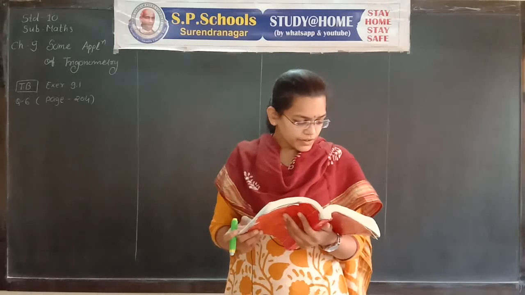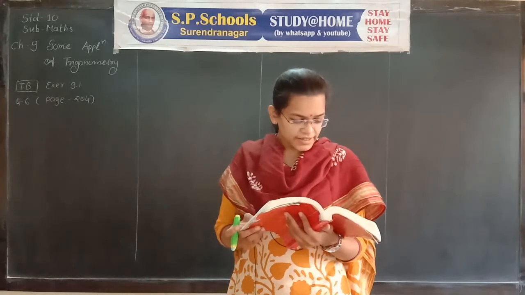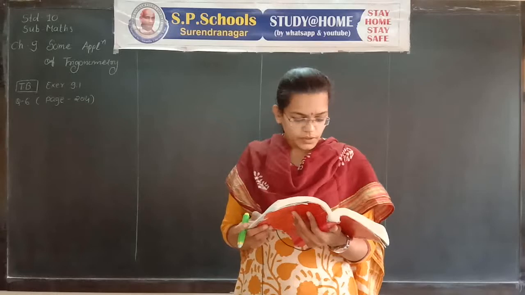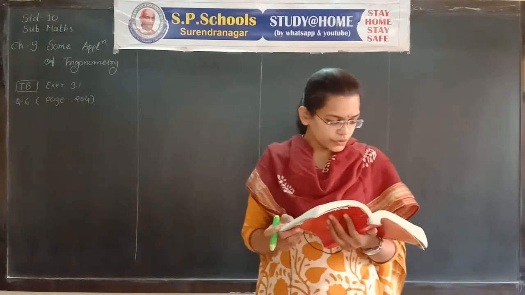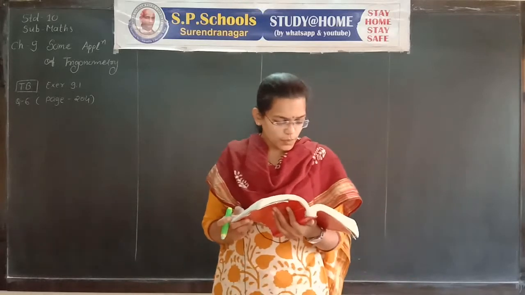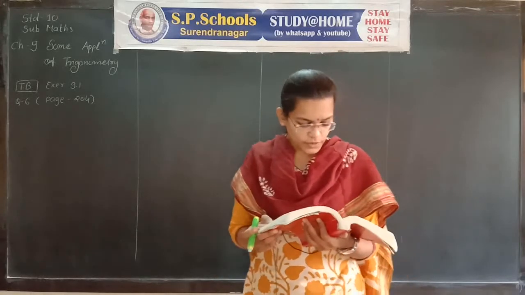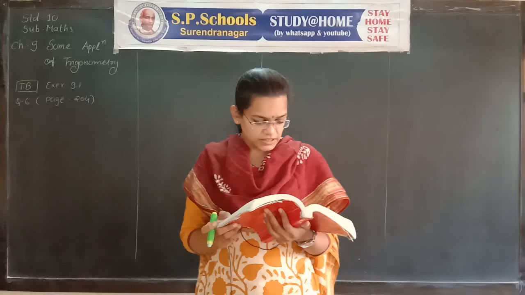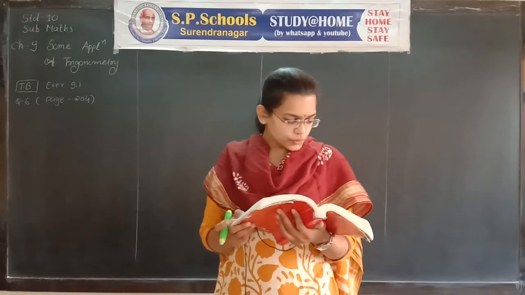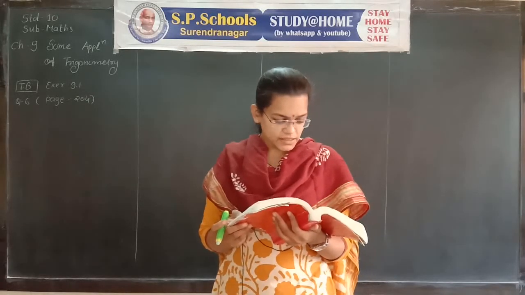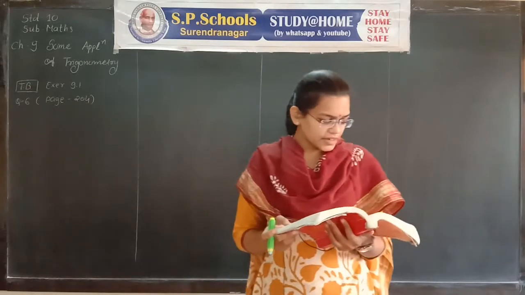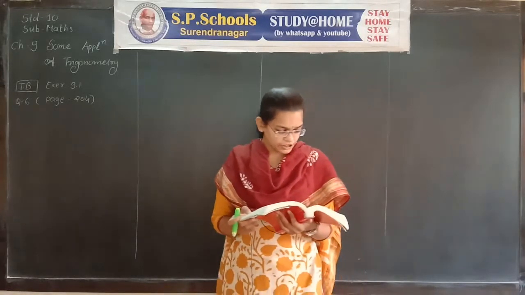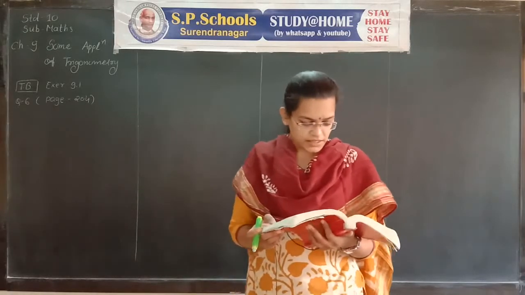A 1.5 meter tall boy is standing at some distance from a 30 meter tall building. The angle of elevation from his eyes to the top of the building increases from 30 degree to 60 degree as he walks towards the building. Find the distance he walked towards the building. First of all, there is a 1.5 meter tall boy and another is a building.